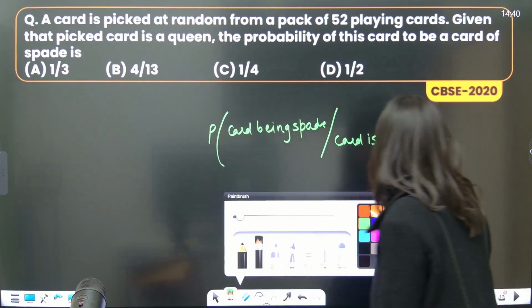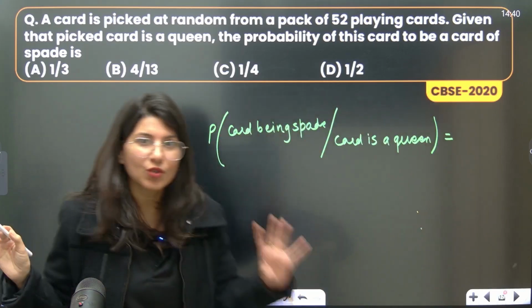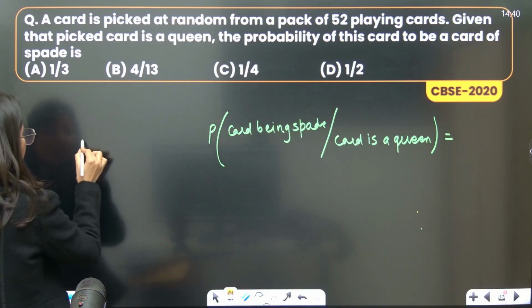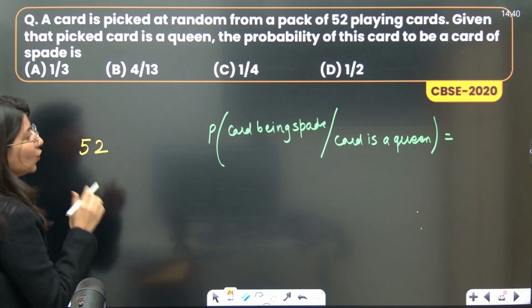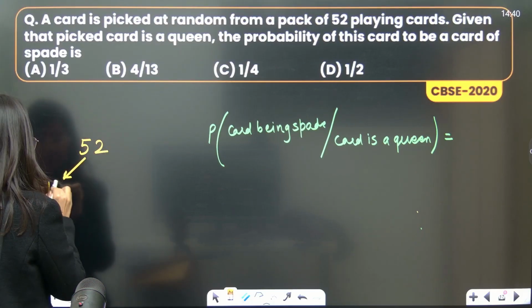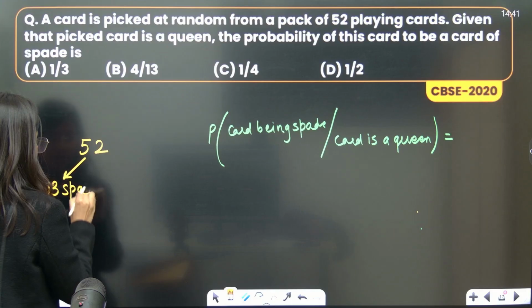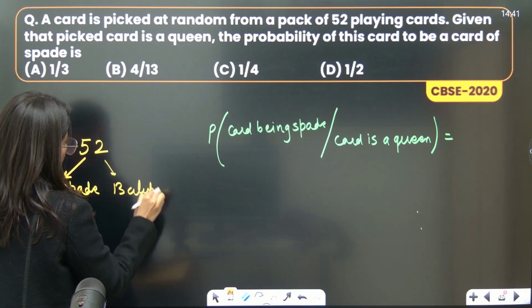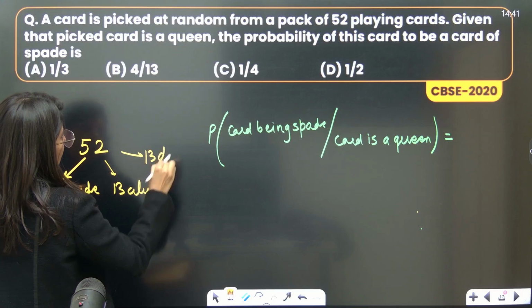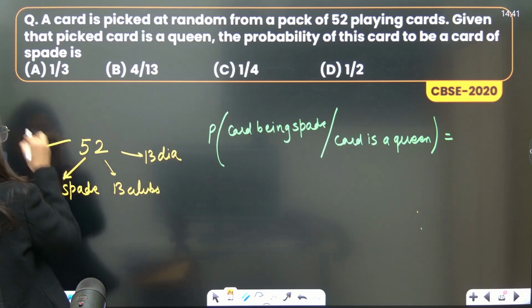Now, do you know the detailing of the cards? There are 52 cards, wherein 13 are spades, then 13 clubs, 13 diamonds and 13 hearts.